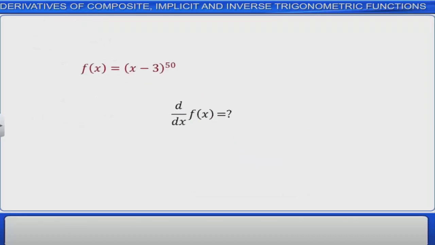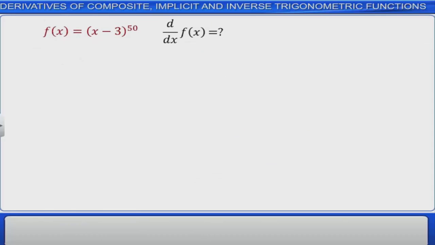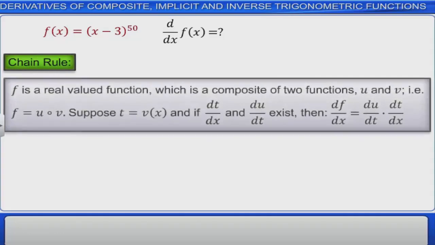Such functions can be differentiated by using the chain rule. f is a real-valued function, which is a composite of two functions, u and v. Suppose t is equal to v of x, and if both dt by dx and du by dt exist, then df by dx is equal to du by dt into dt by dx.